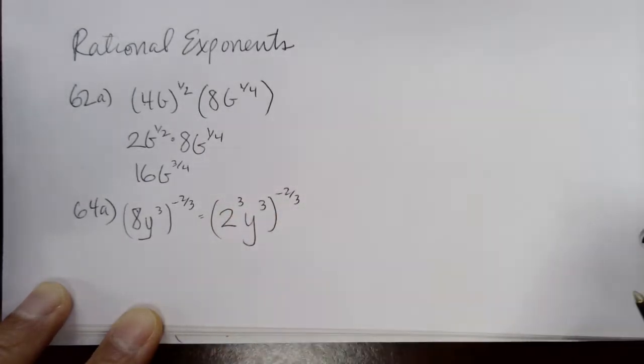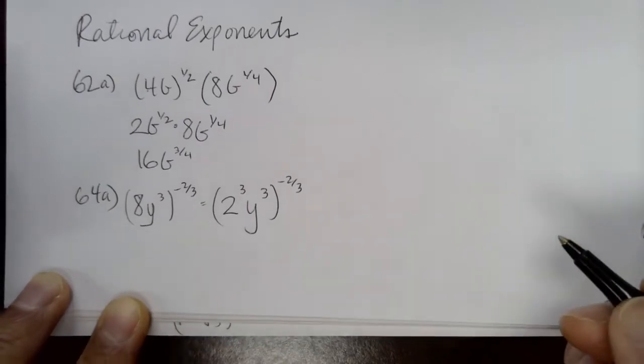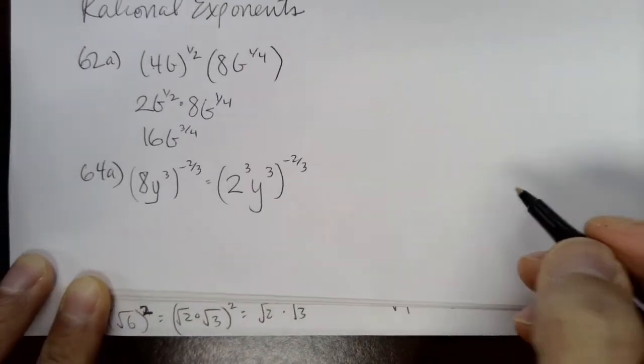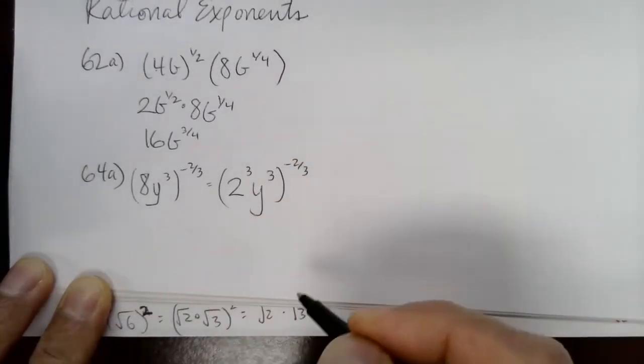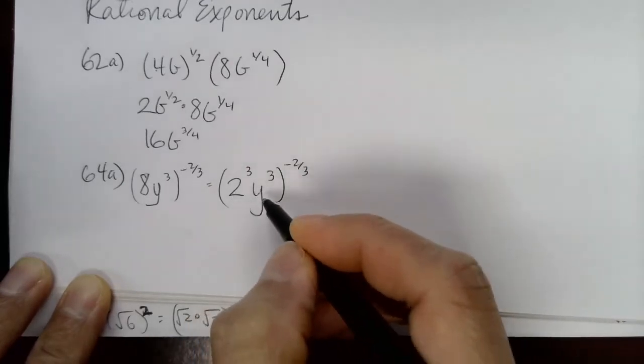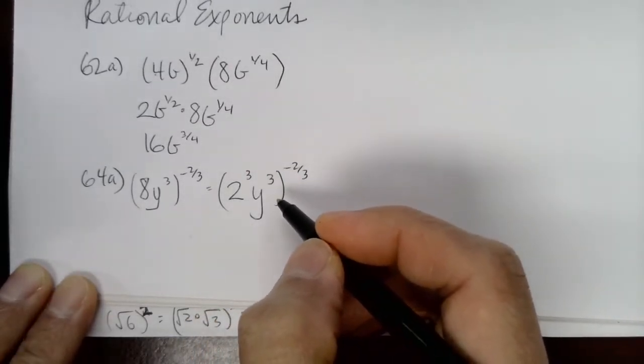Negative 2/3. From our exponent laws, we know that we can distribute to the exponent of each of my factors in here.